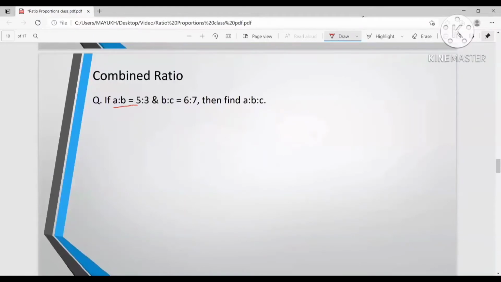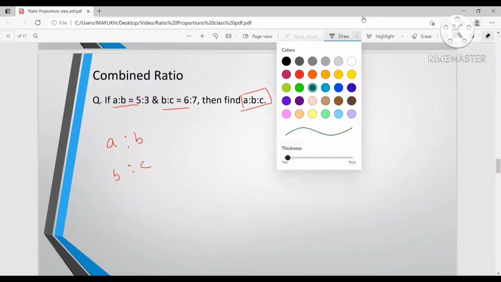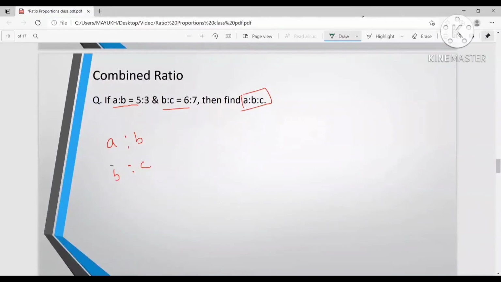Just given A is to B and B is to C, and our target is to find A is to B is to C. I'll write first what is given: A is to B and B is to C. Now I see that B in both the cases is a common term. So if I can somehow make the values of B equal, then I can compare the ratio.